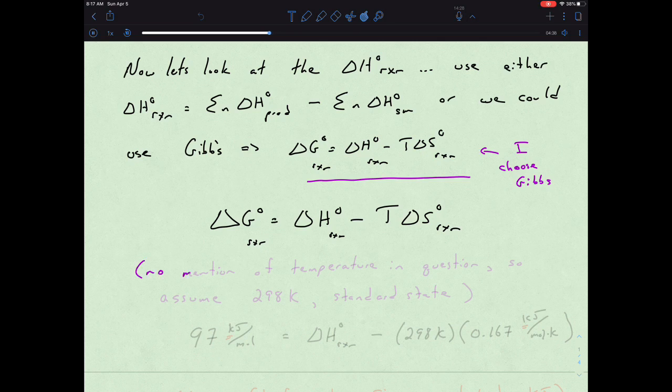There's no mention of temp in the question, so we need to assume 298 Kelvin, or standard state.